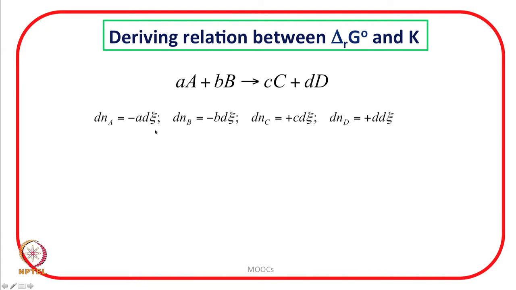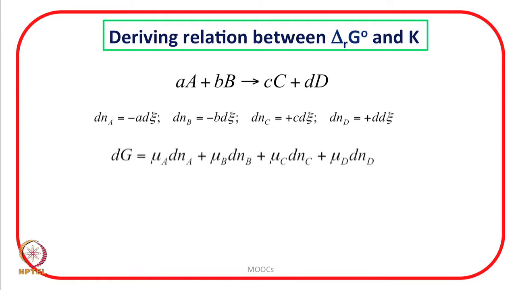Xi is the extent of reaction, so d xi is a small advancement, and as I just discussed, the negative sign comes with the reactant because reactants are consumed, and the positive sign comes with the product because product is being formed.